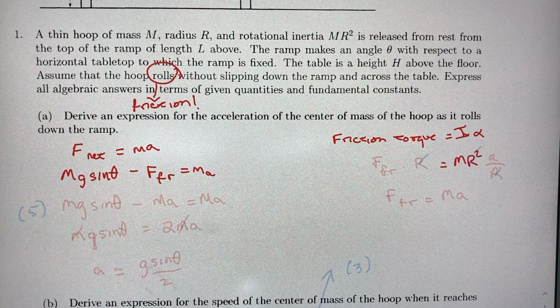It's a hollow hoop, so we've got mr squared. I'm going to turn alpha into A over R. Friction force is acting at a distance of R. So notice if you start canceling R's, let's just cancel some in blue.